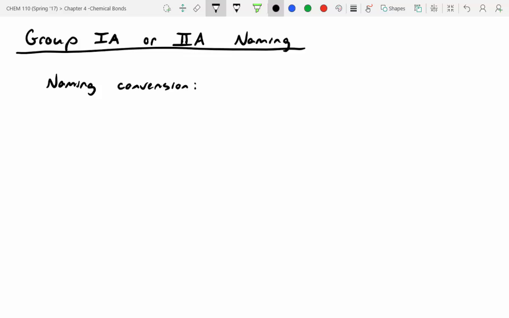All you do is you take your cation, this always goes first, and then space, and then your anion. And then you have an -ide suffix tacked onto the end. So let's take a look at a couple of examples.